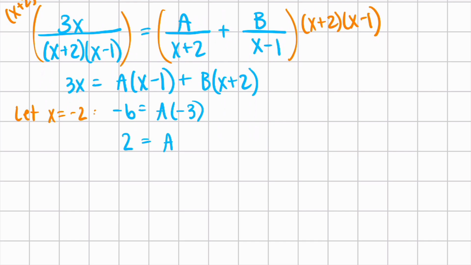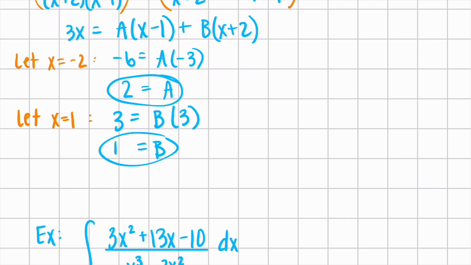Now let's isolate b. I'm going to let x equal 1. So we're going to get 3 equals, notice your a term becomes 0. So we get b times 3. That means b equals 1.